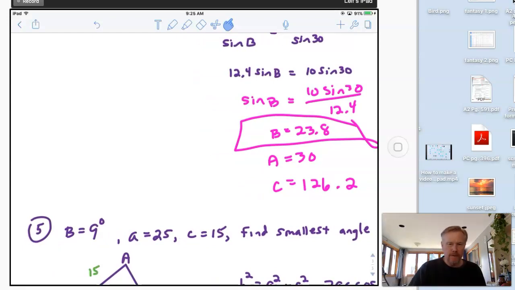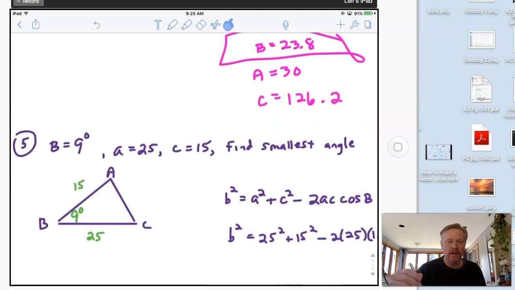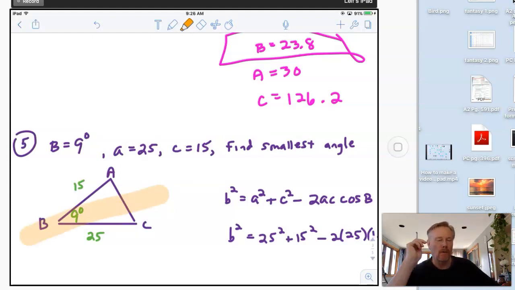Same directions here. Find the smallest angle. In number 5, angle B is 9 degrees, side A is 25, and side C is 15. When I'm setting this up, I'm looking at which formula to use. You want to use the one with the angle. I want to find the side opposite the angle, when it's side angle side like that.